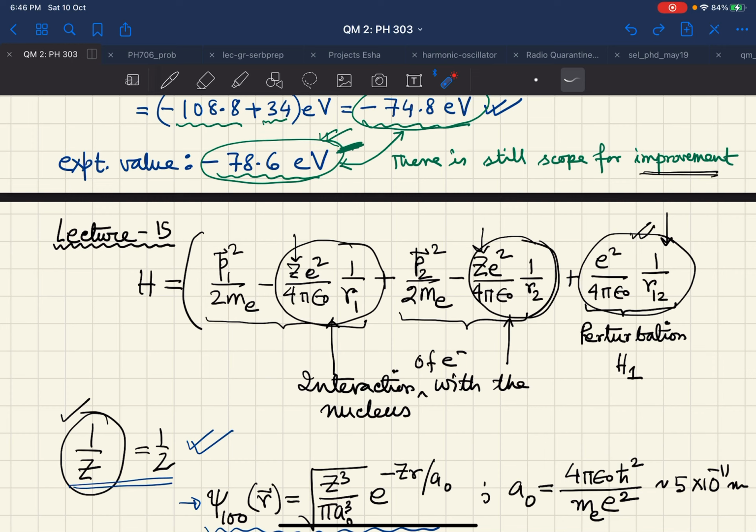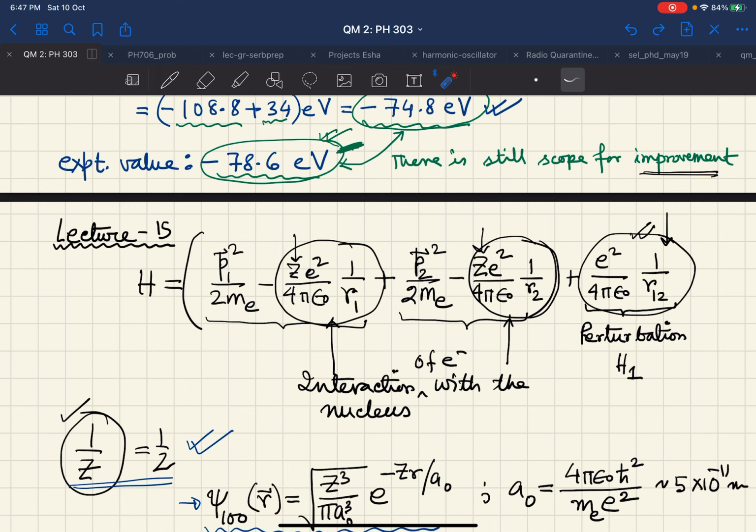Of course, ultimately we have to set Z equal to 2 for the helium atom. So 1 by Z would be just 1 by 2 or half, which you would simply say is not a very small number after all. Thus it can create a concern in your mind that perturbation theory may not give us very accurate results.